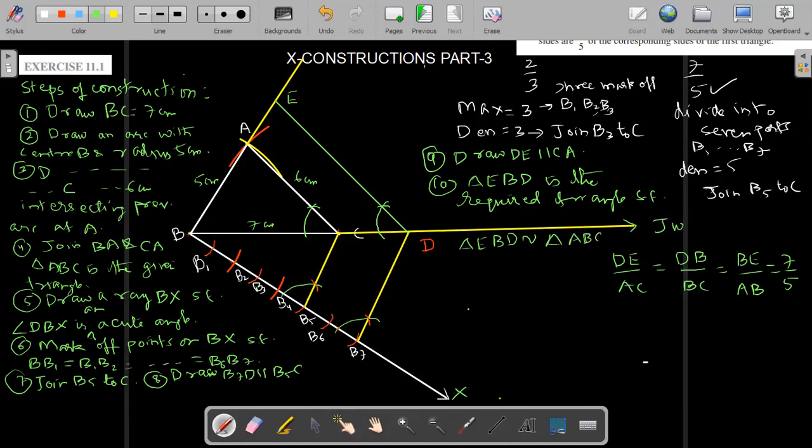For justification, if asked, you can write that this ratio will be equal.